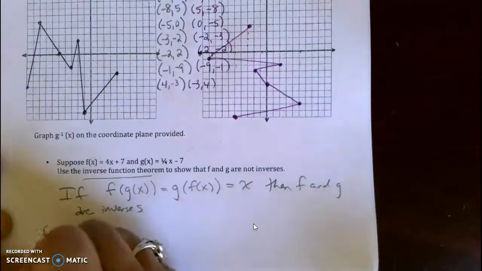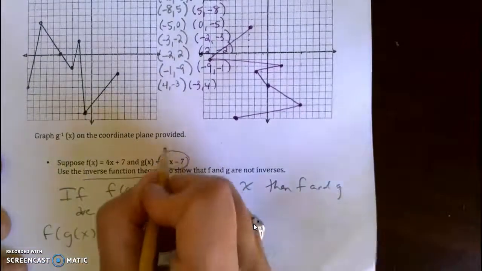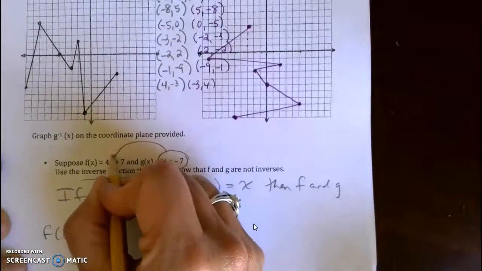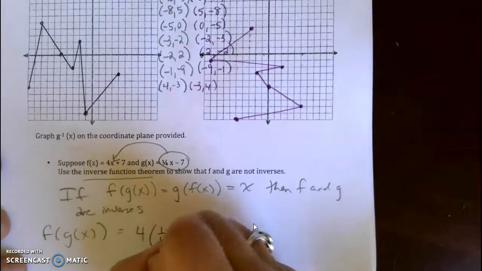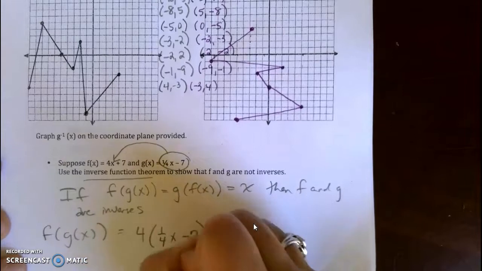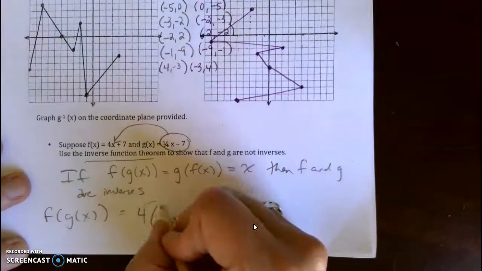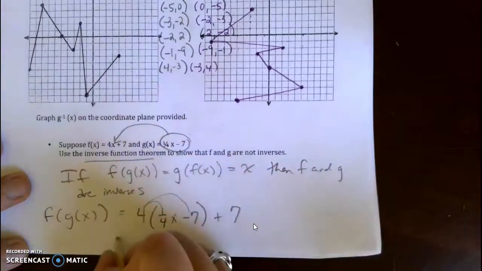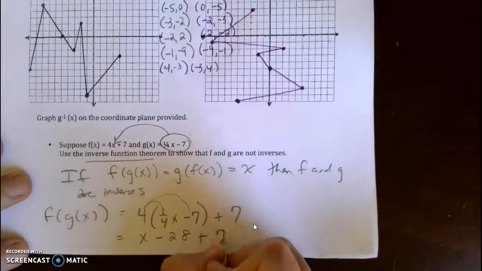So let's try finding f of g of x. I'm going to take this and put it right there. 4 times (1/4 x minus 7) plus 7. The 4 gets distributed to both. x minus 28 plus 7.